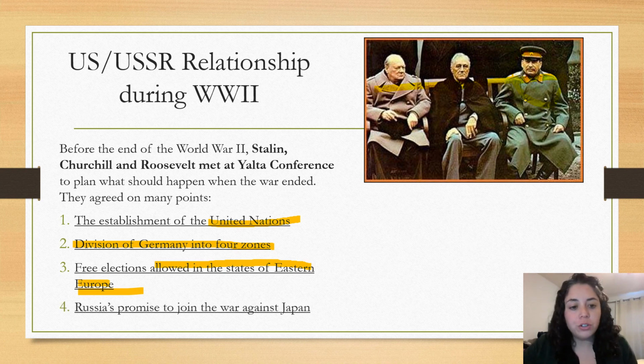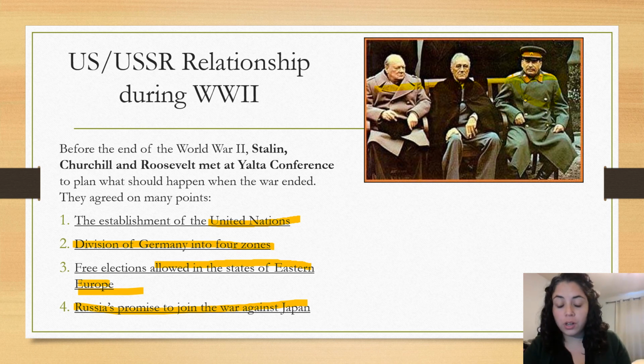And also we're going to see that Russia is going to try to help defeat the Japanese. If we remember, World War II ends in 2 parts. The European theater, in which the Soviet Union goes into Germany, Berlin, and finish the war in Europe.